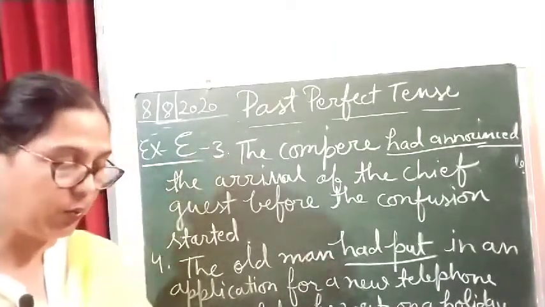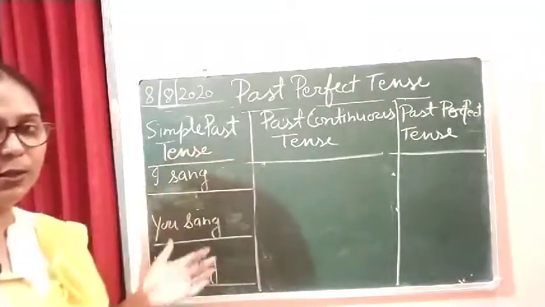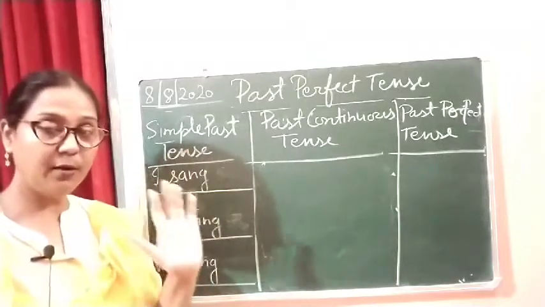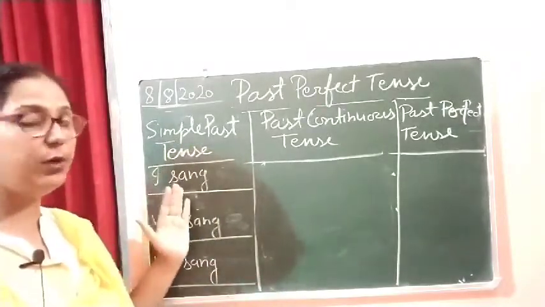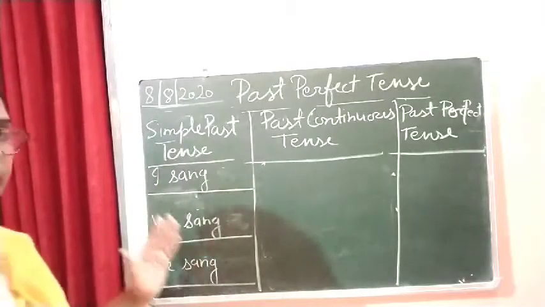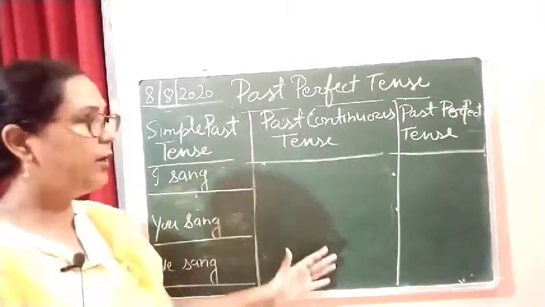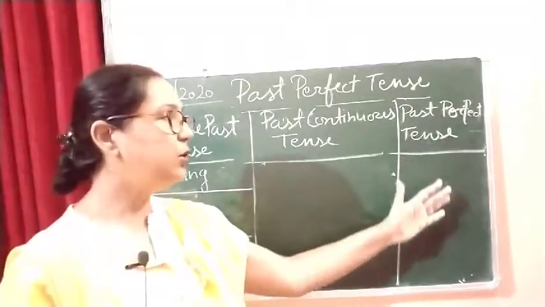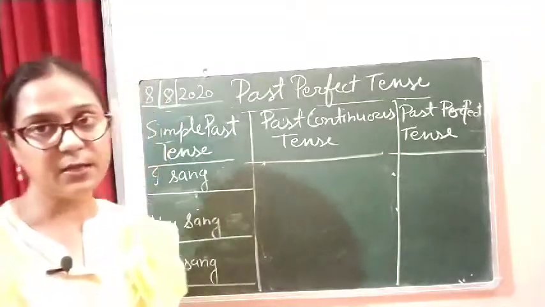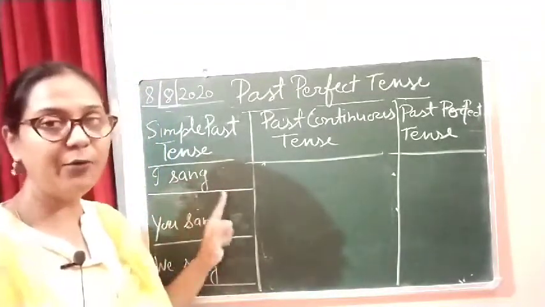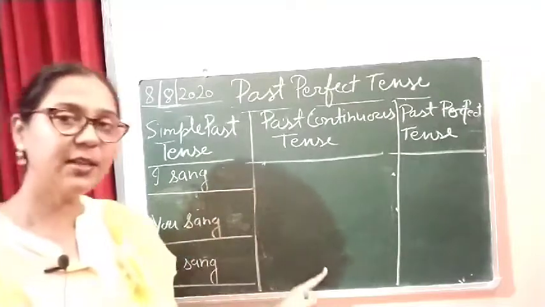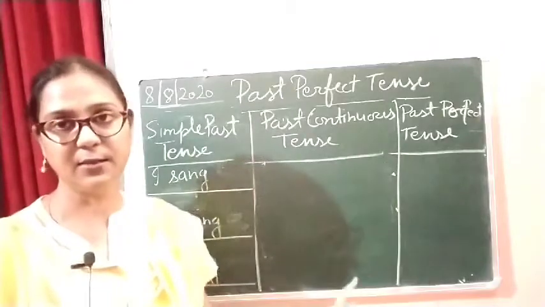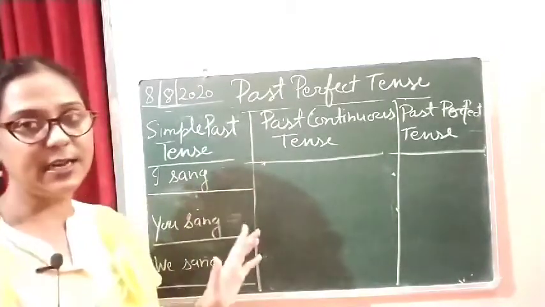Now, on the board, I have drawn a table from which you will understand how we write a sentence in simple past tense, how we transform it in past continuous tense, and how we write the same sentence in past perfect tense.